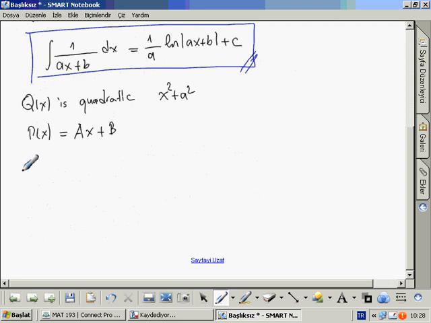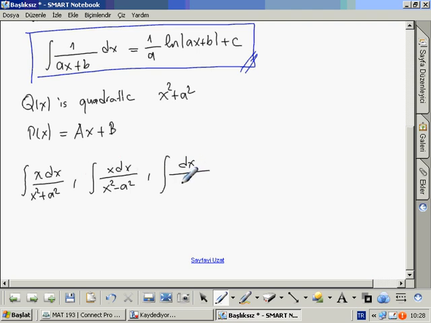Let me give you some examples: x dx over x squared plus a squared, or x dx over x squared minus a squared, or another form, dx over x squared plus a squared, and the integral of dx over x squared minus a squared.